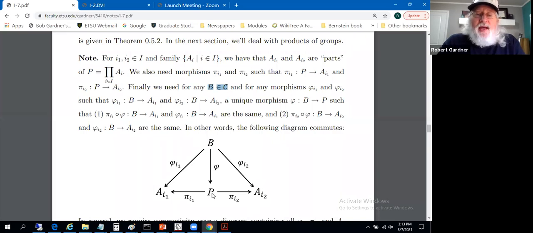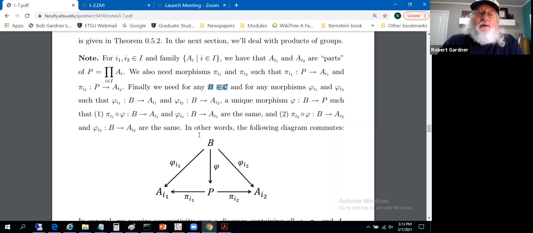So we'll have P, and these pi's, I think of them as projections. It's projecting the product onto a piece of the product in some sense. We get the pi i sub 1, pi i sub 2 that maps us to A i sub 1 and A i sub 2 respectively from the product.